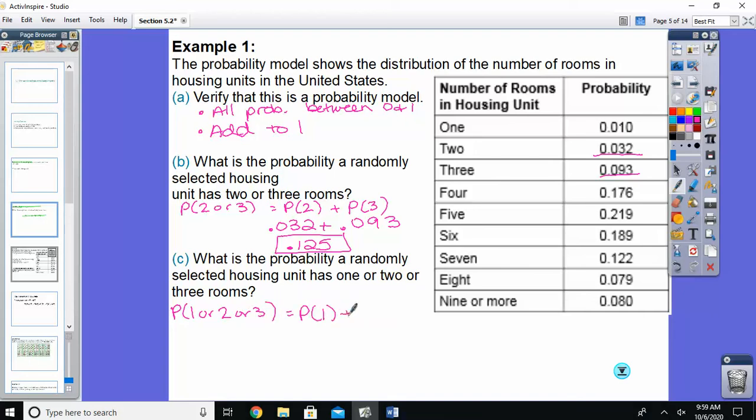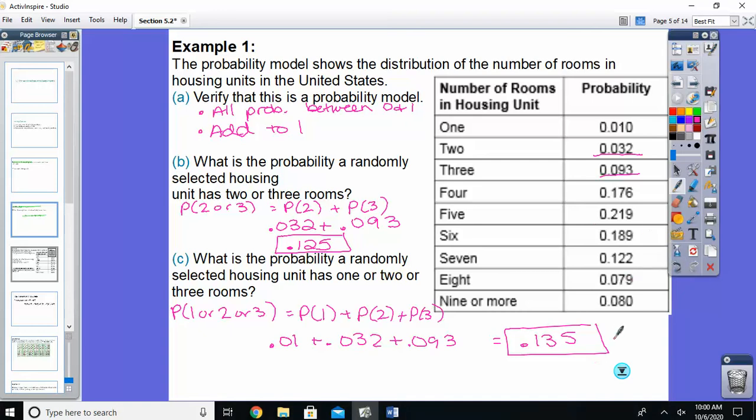Add all 3 of those, because there's no overlap. And we get 0.135. Is that okay?